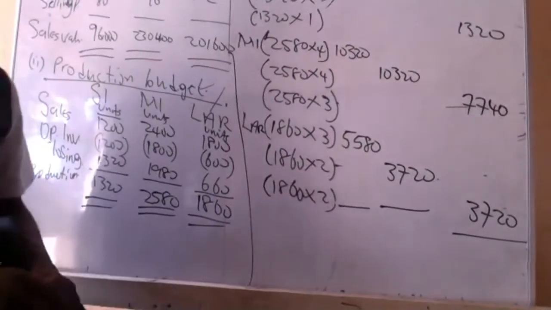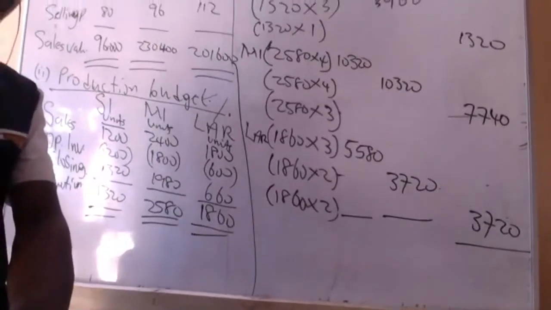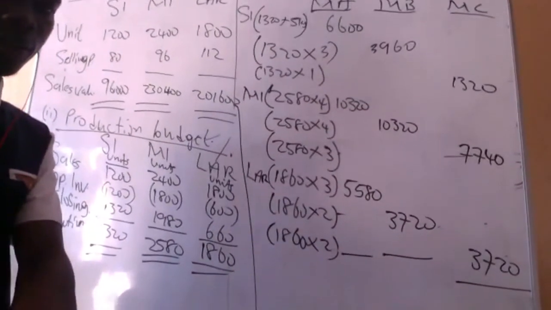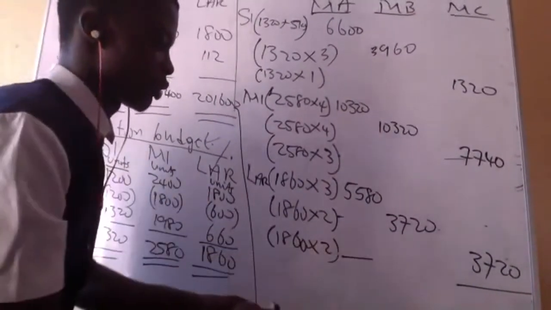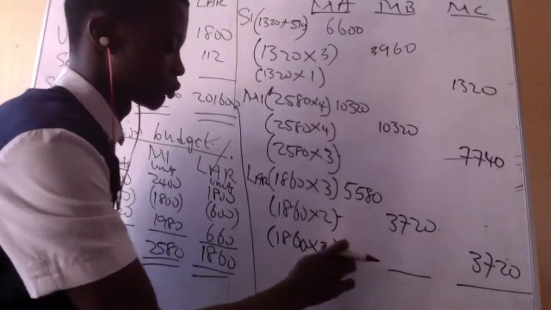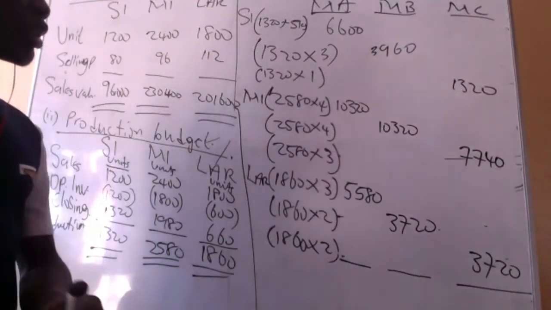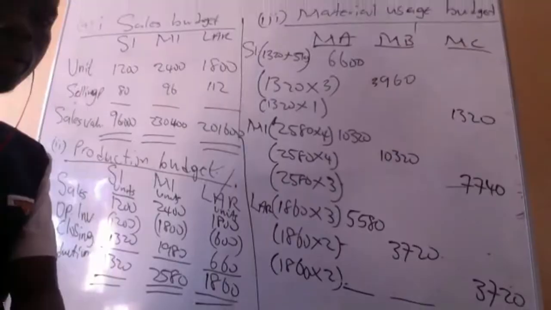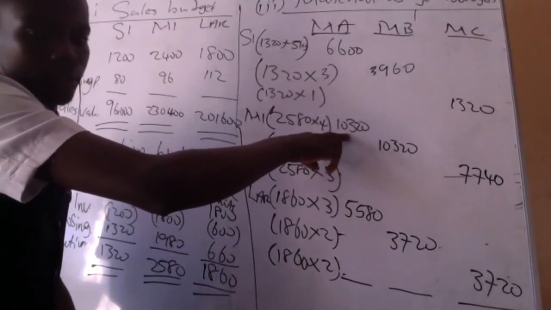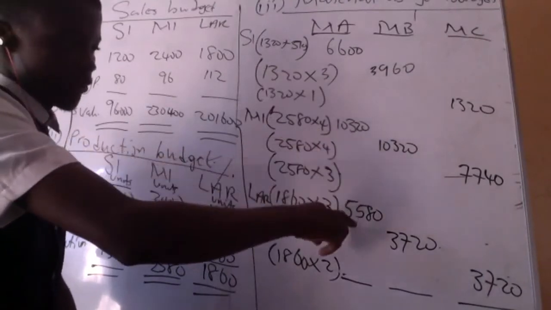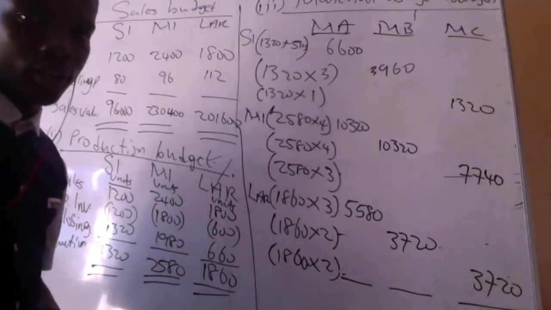So now we are going to sum it. All of them will have three items. Something like this we do. So we are summing for MA. We are picking the 6,600, 10,320, and 5,580. Then put it there for us.